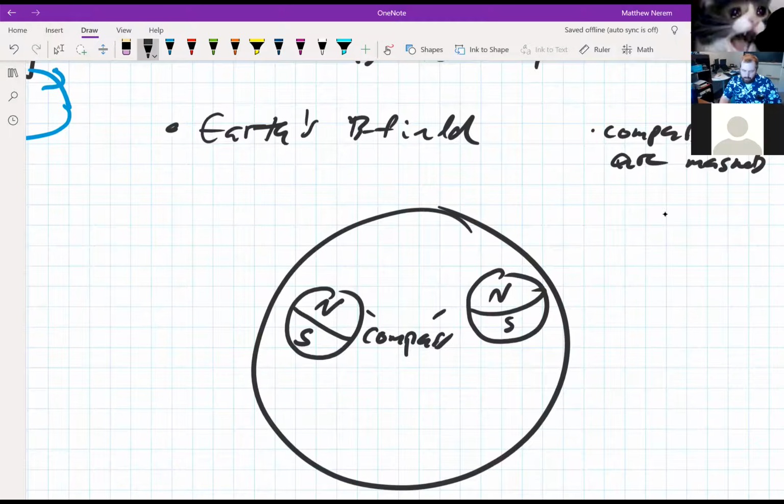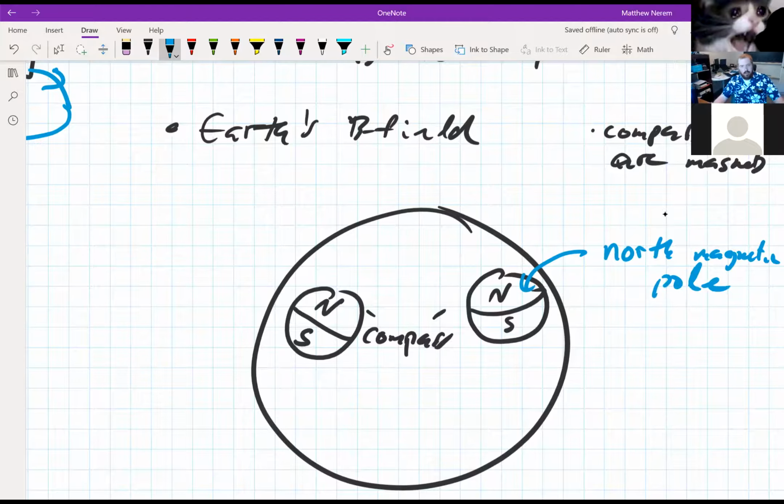So here's the point I'm trying to get at. North poles. Do they attract or repel other north poles? All right, repel.